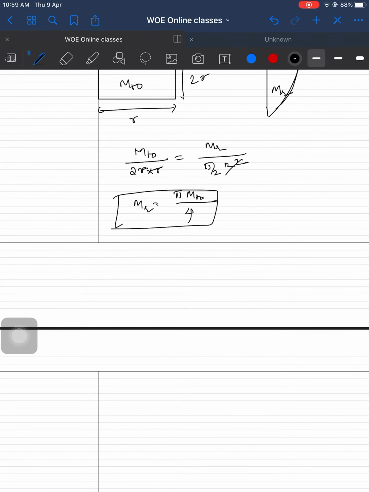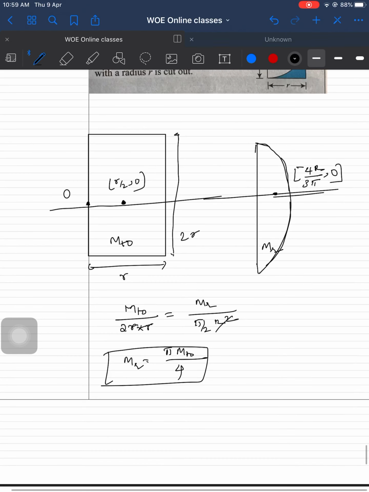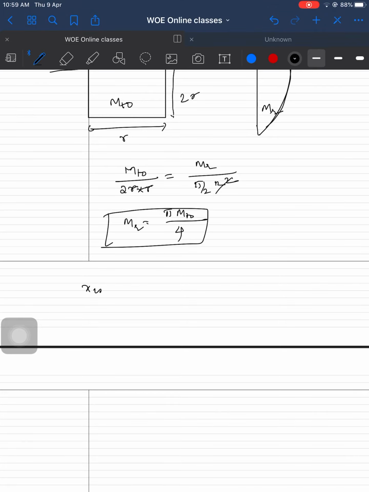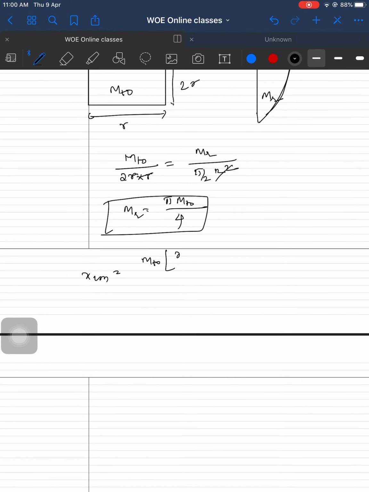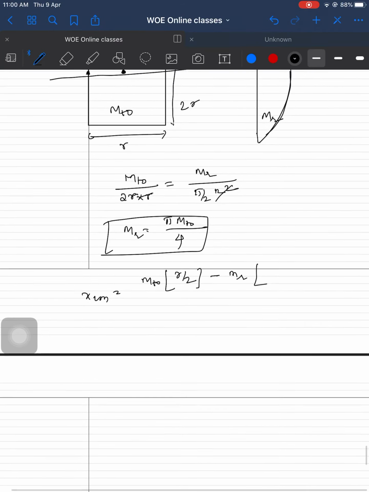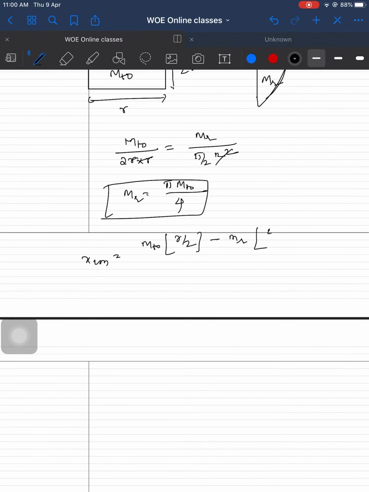Let's write the equation. Will there be any change in y center of mass? Because 0 and 0, there is no change. X center of mass is equal to m total into r by 2, minus mass removed into the position of center of mass, 4r by 3 pi, divided by total mass minus mass removed.